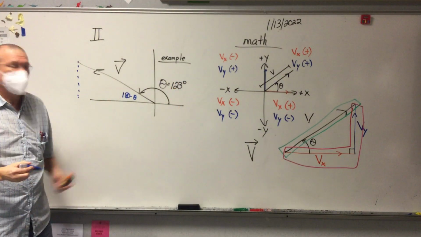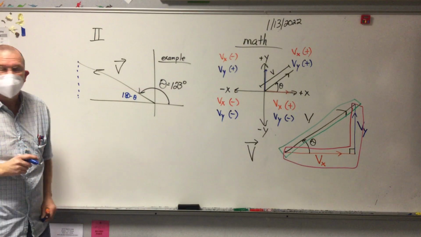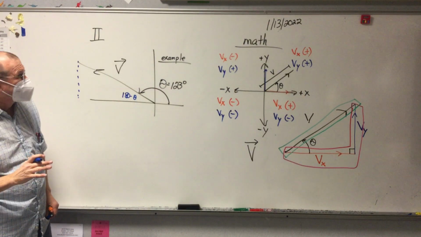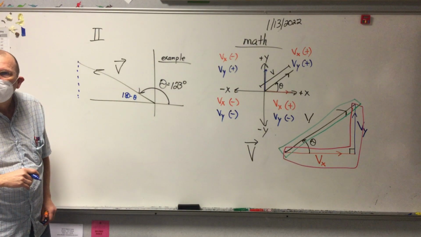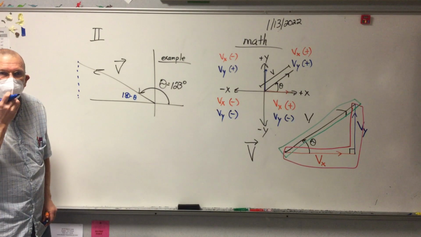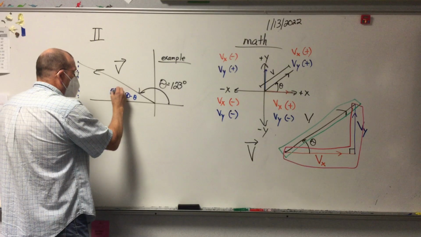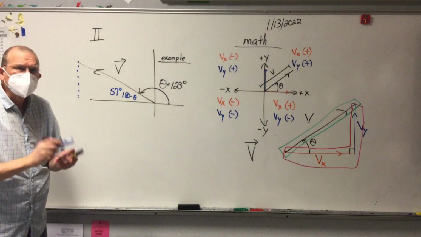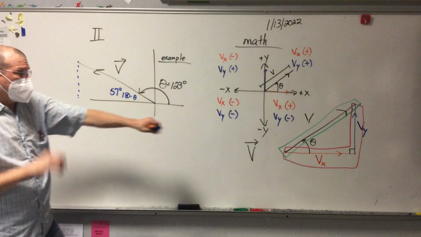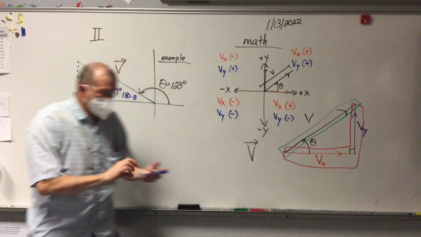So what does that mean our reference angle will be here? Who can do that in their head? 57. So this will become 57 degrees.